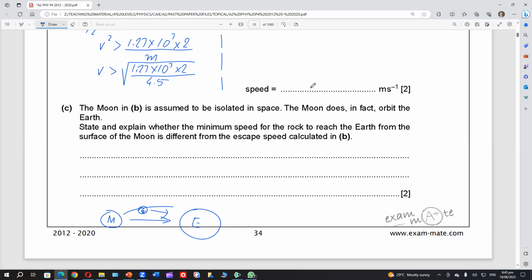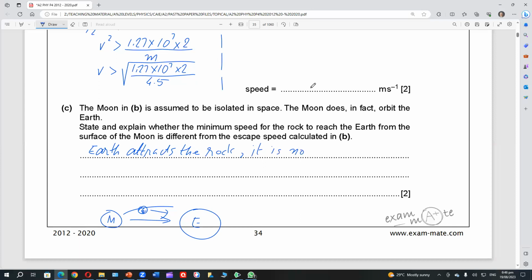So you can say that earth is now there to attract the rock. So you can write the answer that earth attracts the rock.